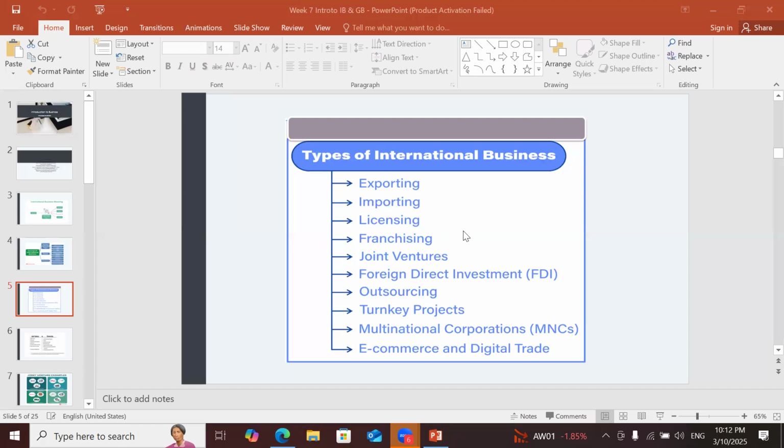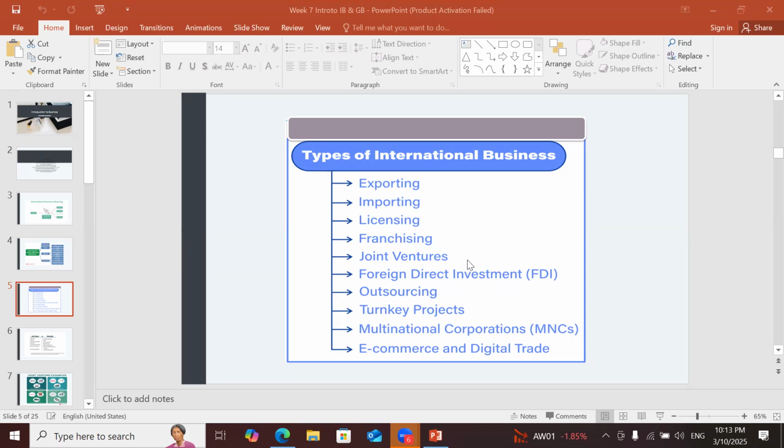Franchising and licensing have some differences. In franchising, you take over and have the right to control everything related to the business. But in licensing, no, you have limited control over the activities. Joint venture means when two or more companies collaborate to run a new project.